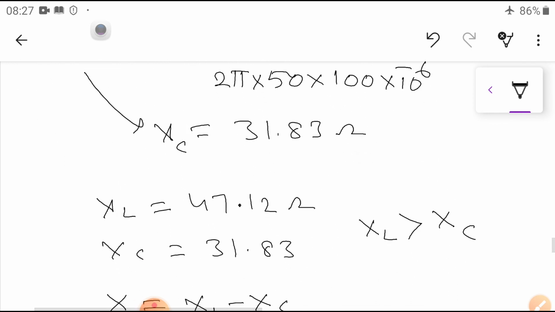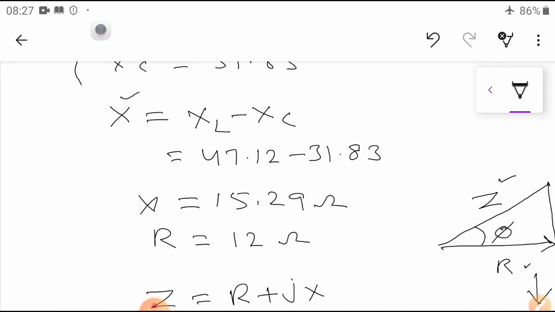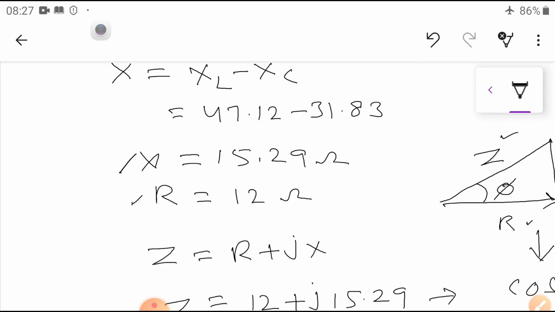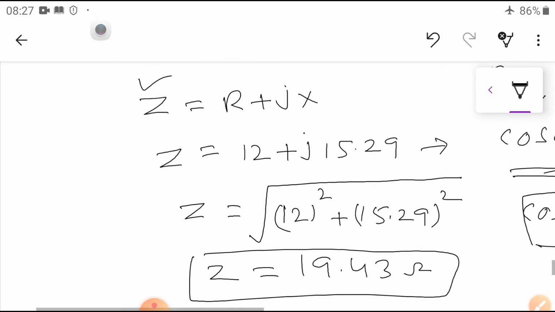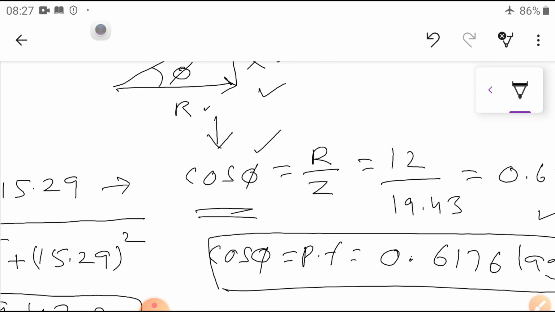Once XL, XC and R are known, we calculate the resultant X value. If you know the X value and the R value, I calculate the Z, that is enough. If you know the Z value, I can simply draw my impedance triangle. From that I can easily calculate the phase angle and the power factor.